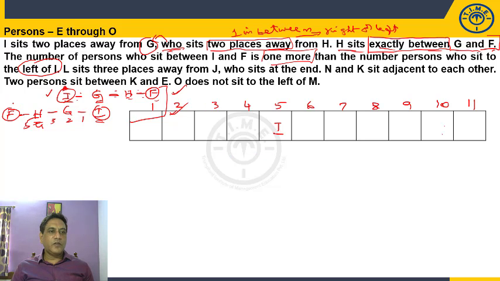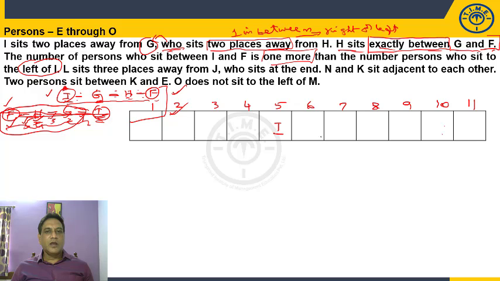Now we have to fit these two. If you have to take this to the left side of I, 1, 2, 3, 4, 5, there should be 6 persons to the left side of I, but there are only 4. So now this case is ruled out. We have to go by only this arrangement.